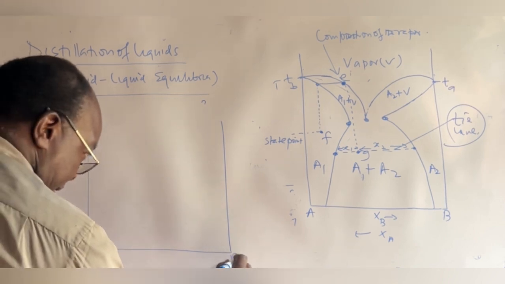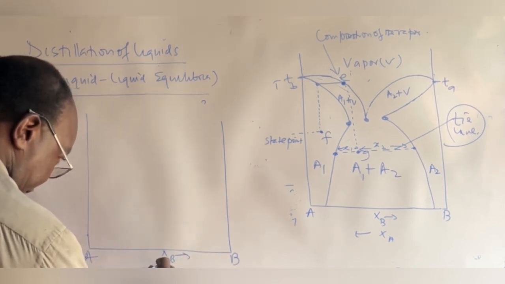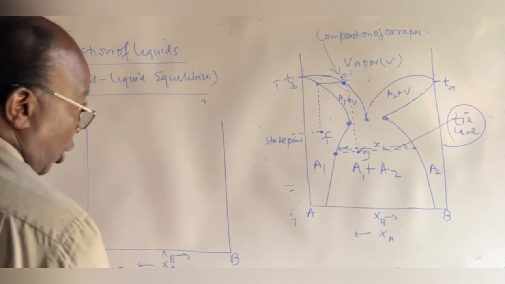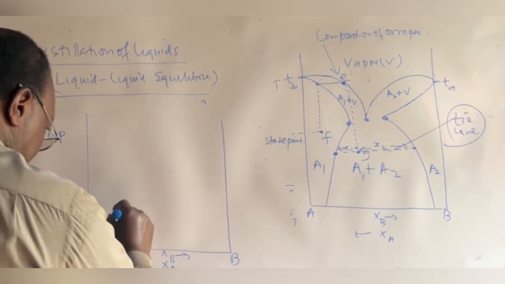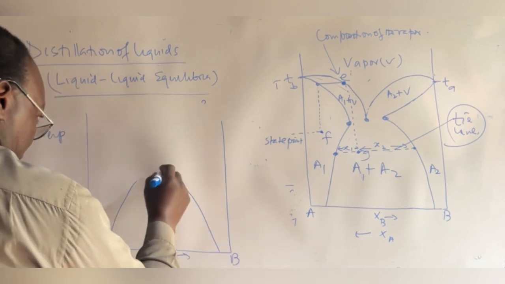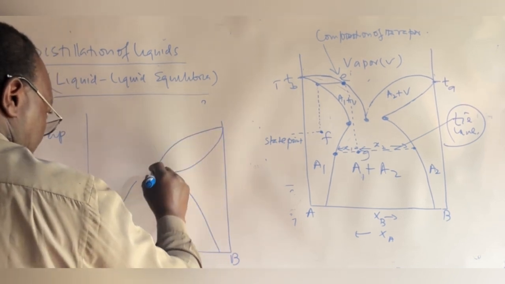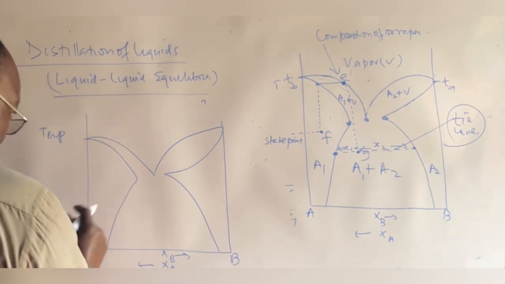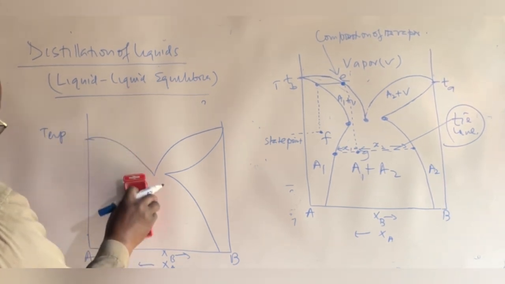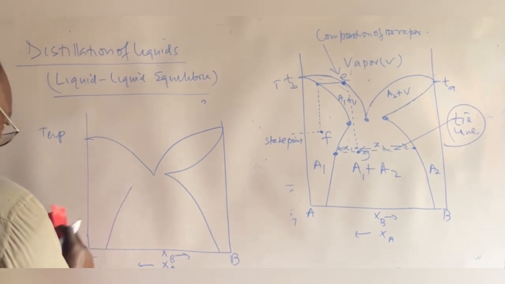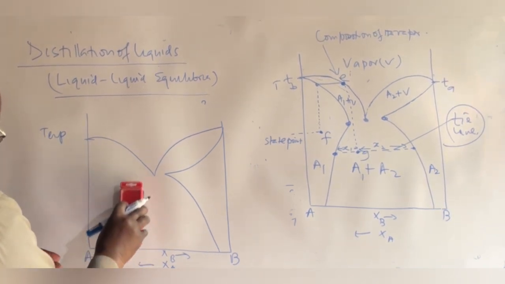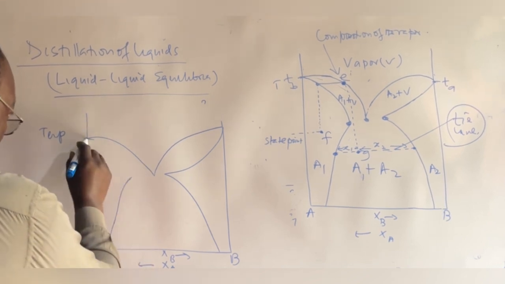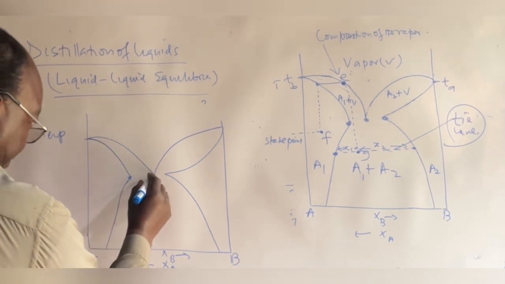A, B, X of B, X of A, again temperature, composition. Getting the shape the way I want it, trying to get it as best as I can. Okay, that's not bad.